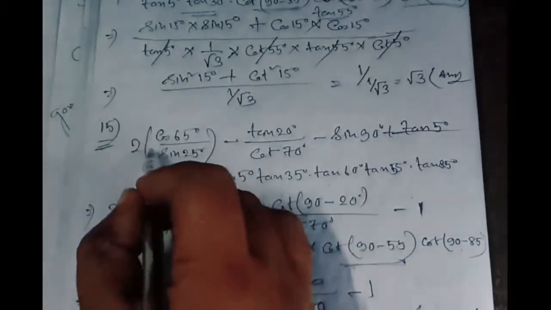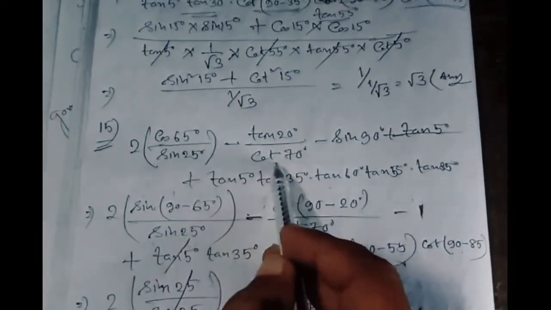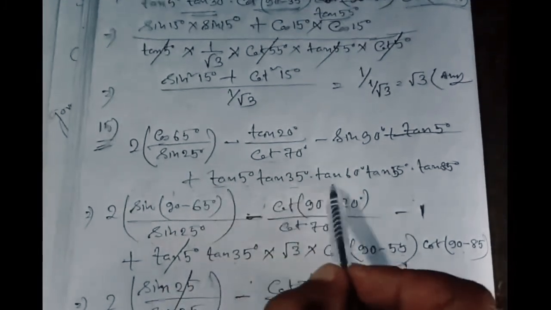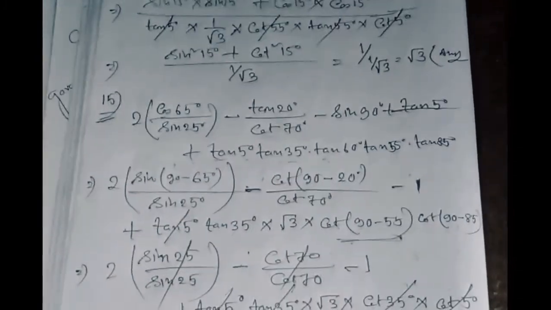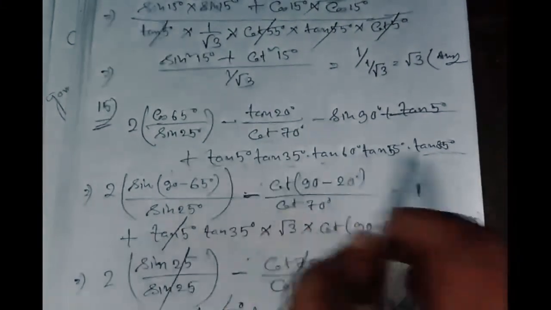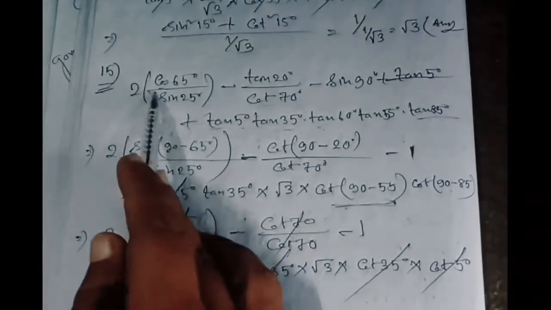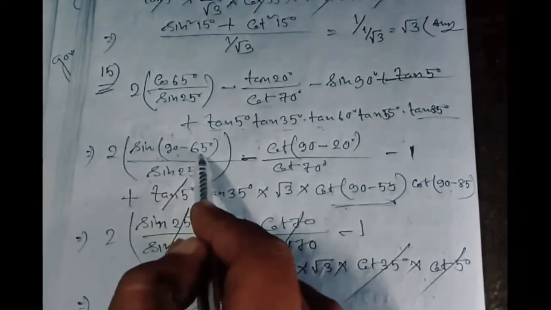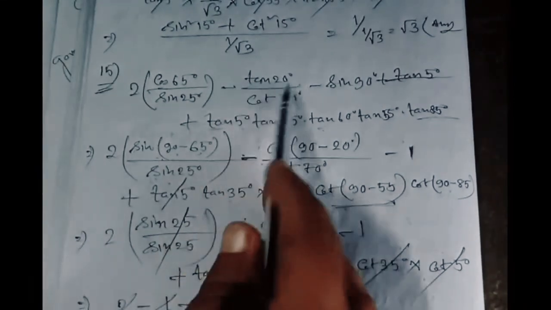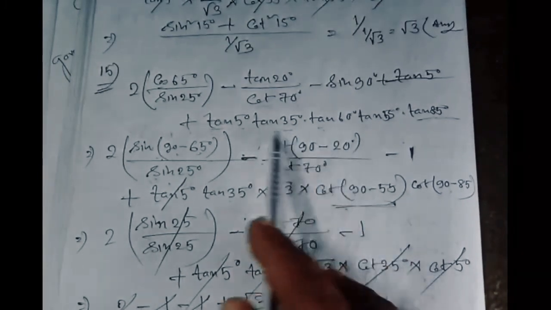2 cos 65 degree by sin 25 degree minus tan 20 by cos 70 minus sin 90 plus tan 5 degree plus tan 35 degree plus tan 60 plus tan 55 into tan 85 degree. Now here cos 65 means sin 90 minus 65 divided by sin 25, minus tan 20 means cot 90 minus 20 by cot 70.